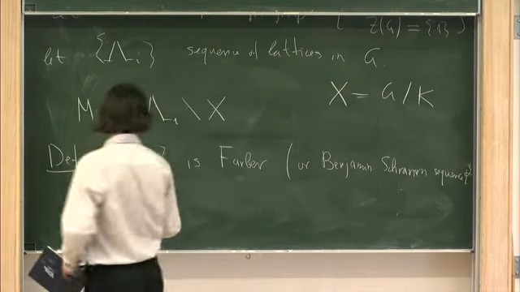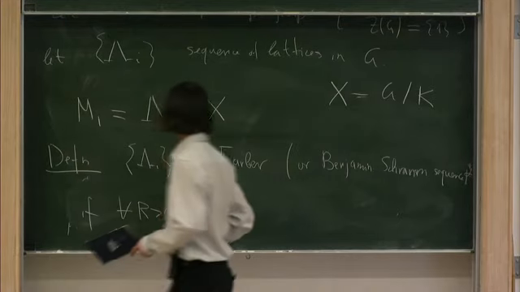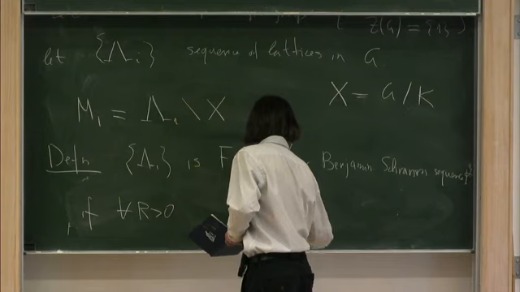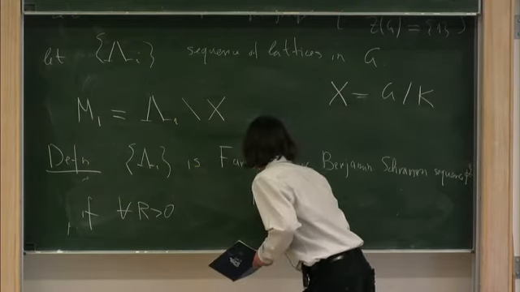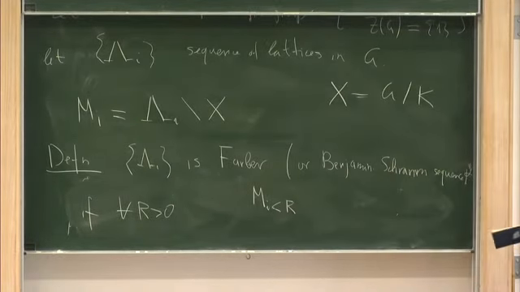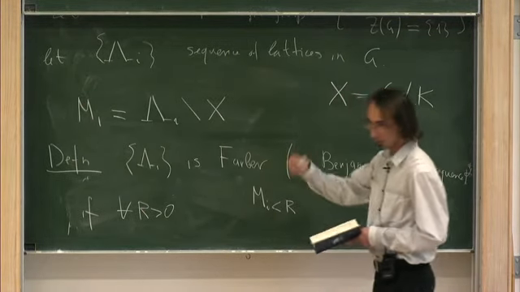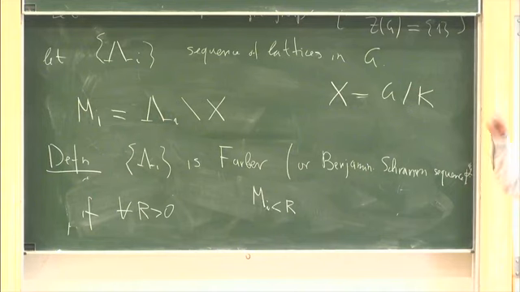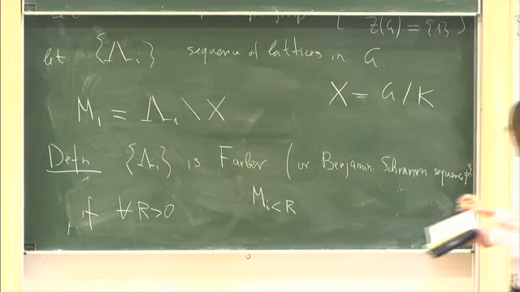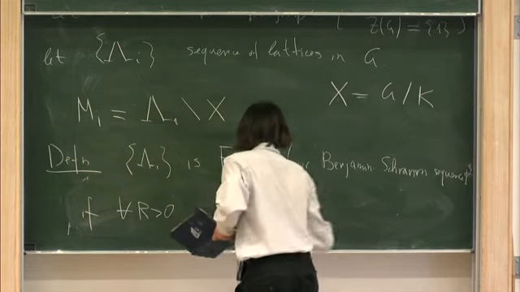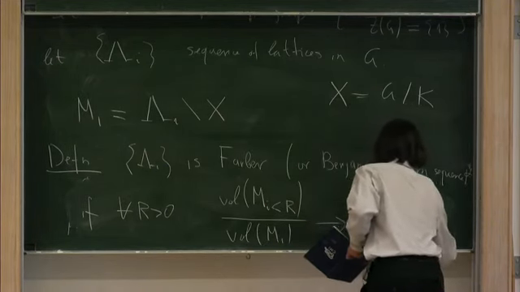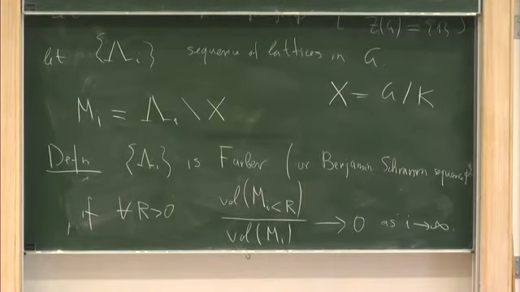One way to say it is that for any positive, think of it as a big, real number R, if I look at the thin part of my orbifold, so I take the ith space and look at the collection of points in it in which the injectivity radius is less than R, in other words, the ball of radius R does not lift bijectively to the R ball in the symmetric space, I look at the volume of the thin part, I divide by the volume of the whole space M_i, and I want this to tend to 0 as i tends to infinity.